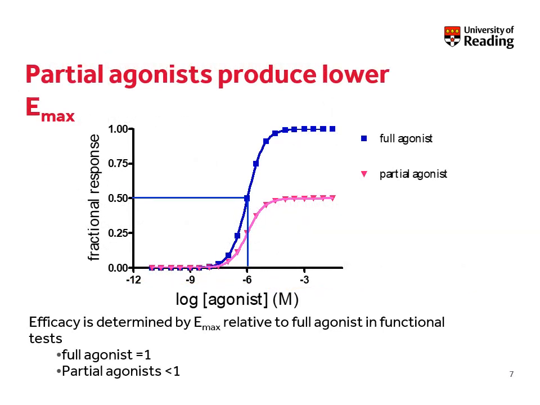So if we go back to partial agonists, essentially partial agonists produce a lower response, or a lower Emax, than that produced by a full agonist. So if we look at the full agonist in blue, you can see there that is the Emax.